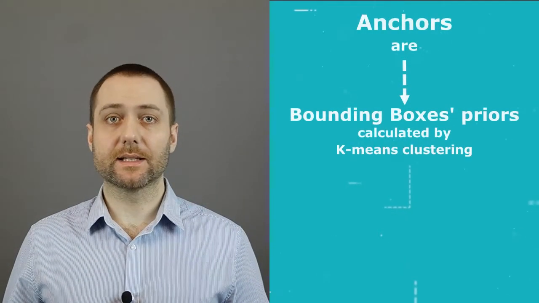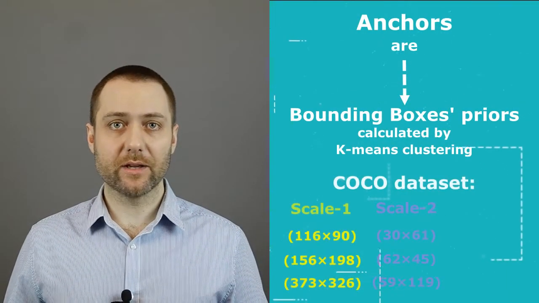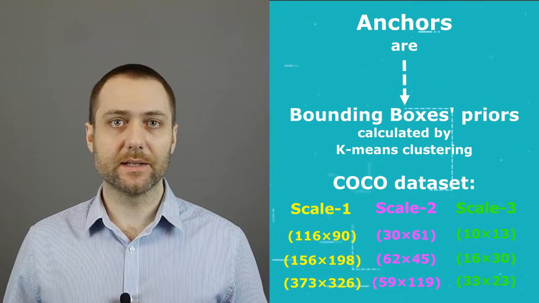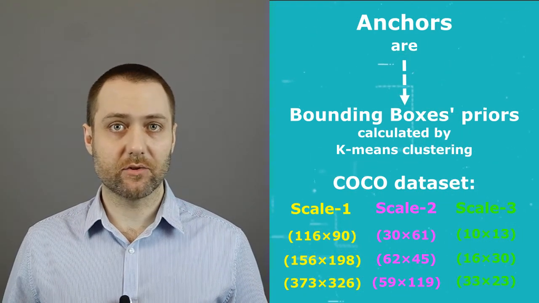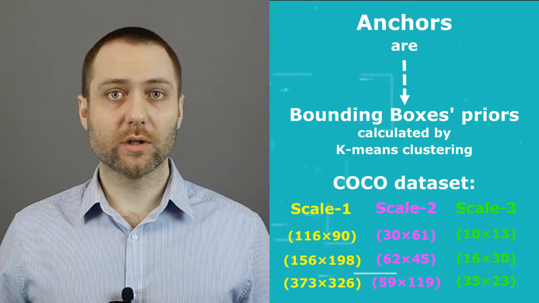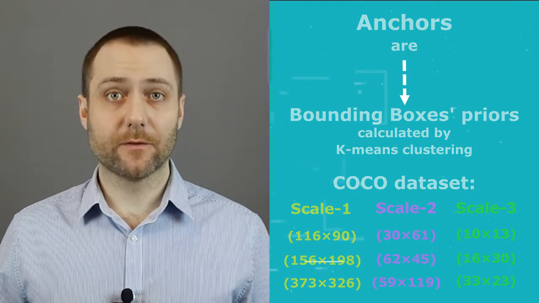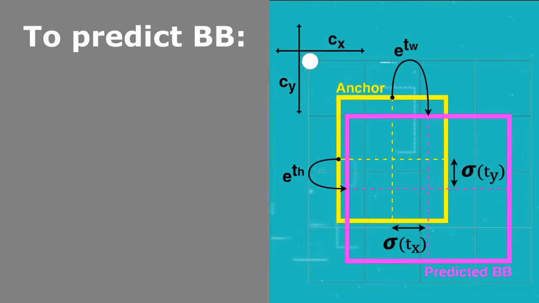We already know that anchors are bounding box priors, and they were calculated by using k-means clustering. For the COCO dataset, they are as follows. To predict the real width and real height of the bounding boxes, YOLO version 3 calculates offsets to predefined anchors.